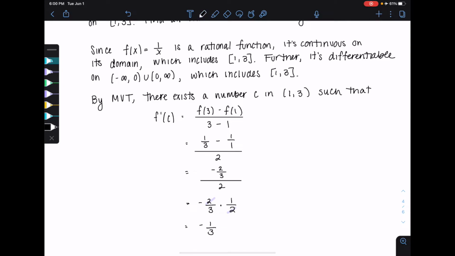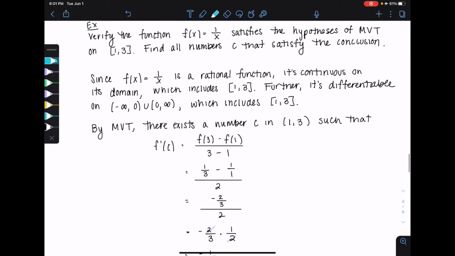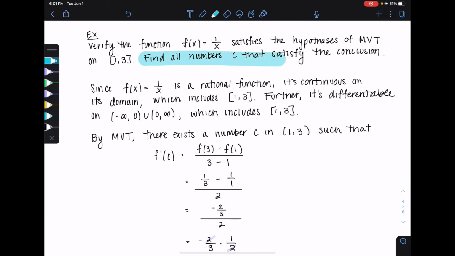And basically, I'm guaranteed that my derivative is going to equal negative 1/3 at some point in 1 to 3. So this is the conclusion of my mean value theorem. I'm guaranteed there is a number C inside the interval from 1 to 3 where my derivative has slope negative 1/3. The second part of our statement says to find all the numbers that happens for.